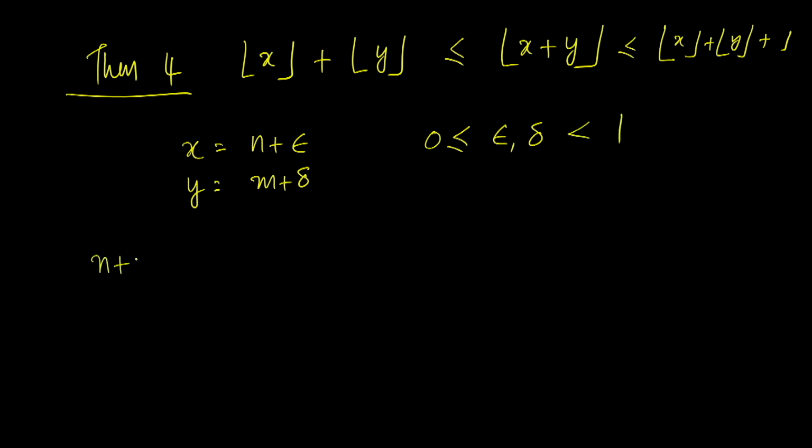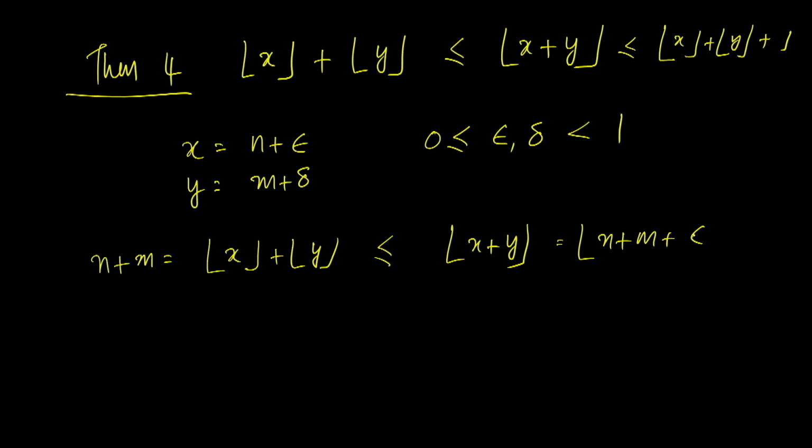Then n plus m, this is what floor of x plus floor of y is. This is less than or equal to floor of x plus y, which is floor of n plus m plus epsilon plus delta.